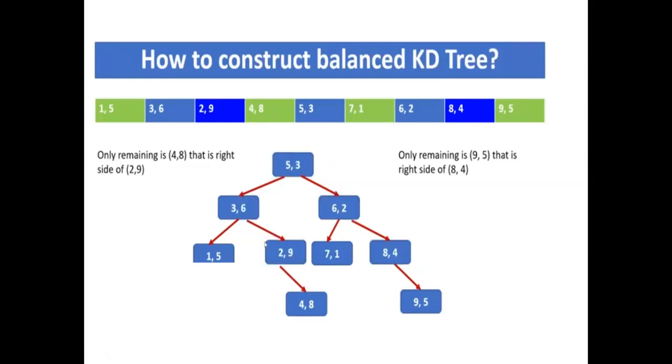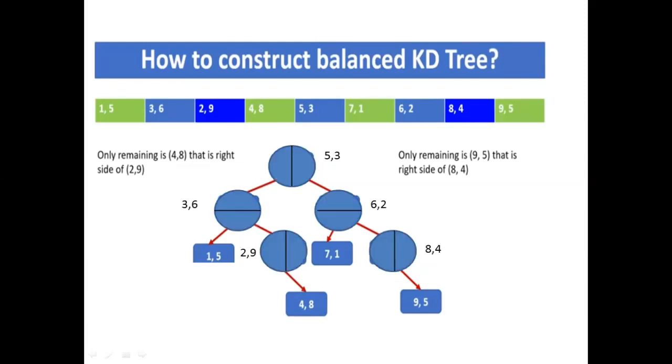The only difference in the representation is for internal nodes only; the leaf node representation remains the same. But for internal nodes, inside the node we will represent the direction of cut and we will write down the point values outside. So that is the only change that we have to do. This is the actual KD tree representation that we'll be showing.